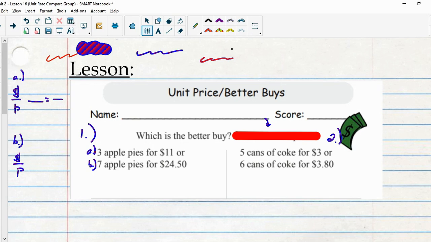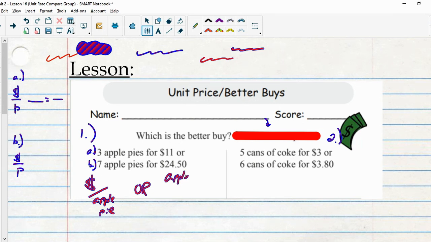I did tell you on Tuesday that you can flip this upside down. Is it better for us to use dollars for every apple pie, or should we flip this upside down when we set up the proportion?